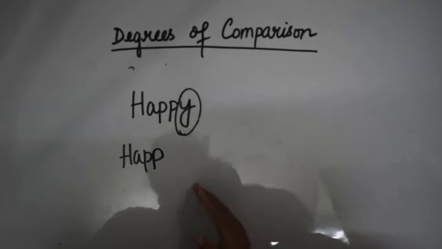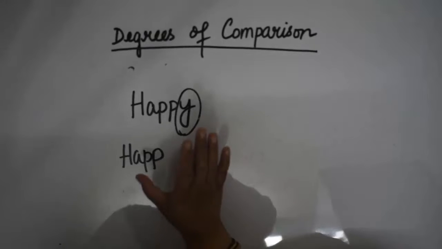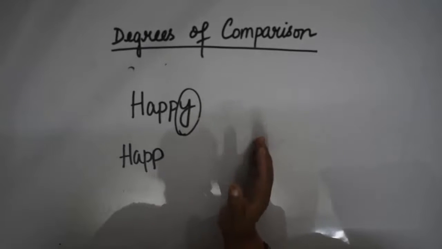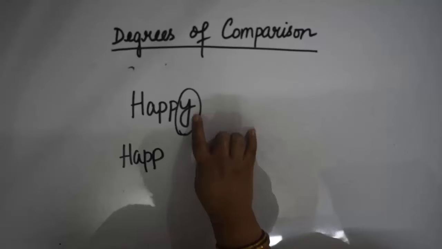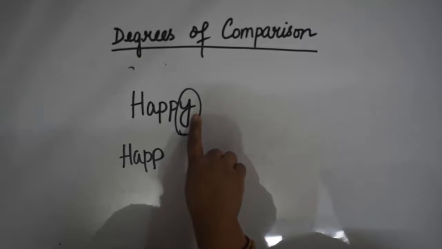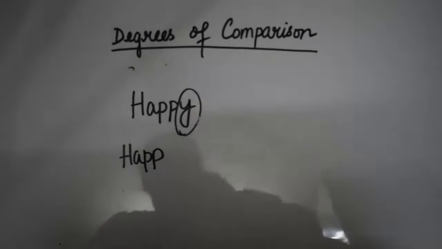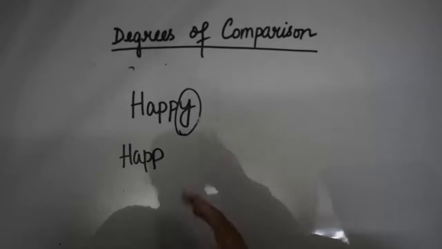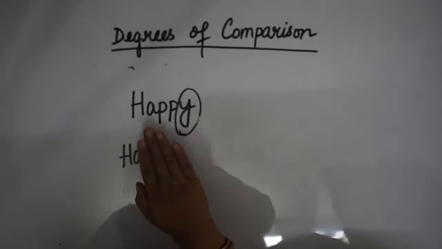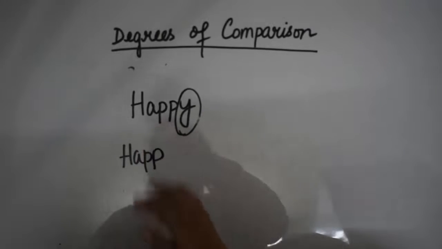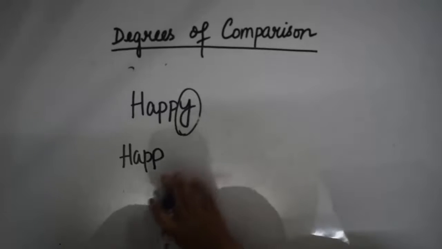The rule says that in order to turn such a word into comparative, I need to change the Y into I, and then add ER.